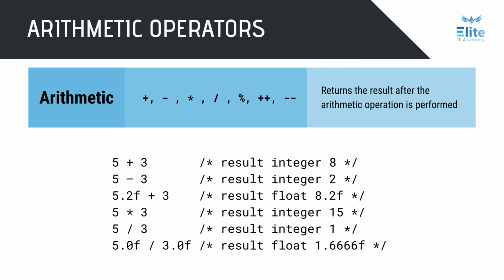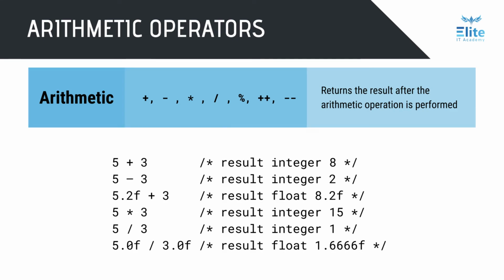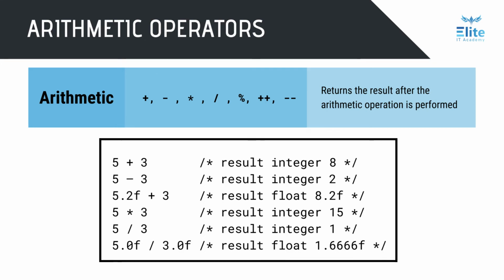Arithmetic operators perform arithmetic operations. The plus, minus, multiply, and divide operators perform the sum, difference, product, and division operations and return a result. They are binary operators and can be performed on any numeric variable. Examples of arithmetic operations are shown here.